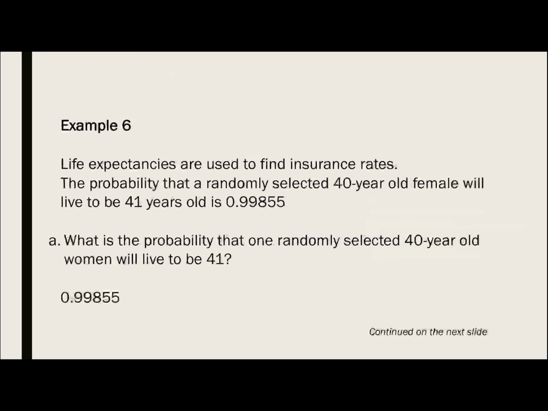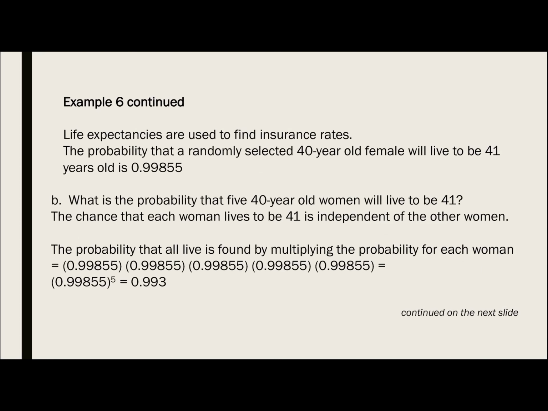Example 6. Life expectancies are used to find insurance rates. The probability that a 40-year-old female will live to be 41 is 0.99855. So what's the probability that one will live to be 41? 0.99855. What is the probability that 5 of these women will live to be 41?